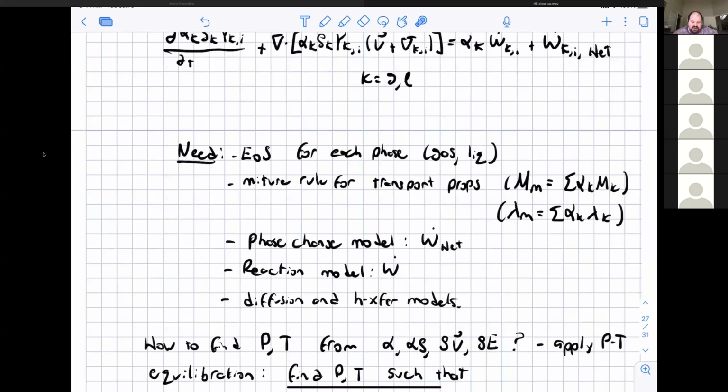Okay, but now to complete the model, you need an equation of state for each phase. So gas and liquid: in principle you can choose any equation of state that you want for the gas, and another completely different equation of state for the liquid.